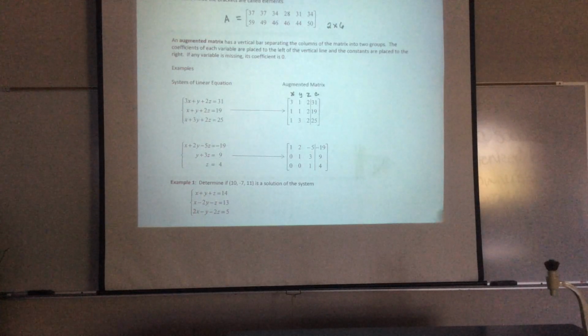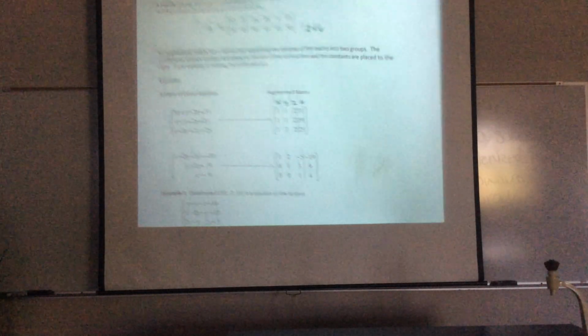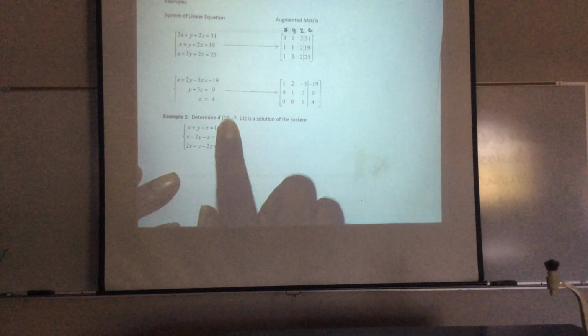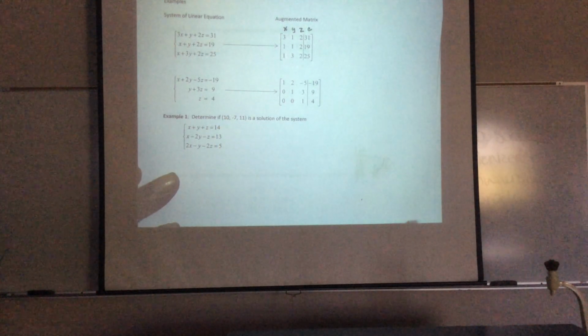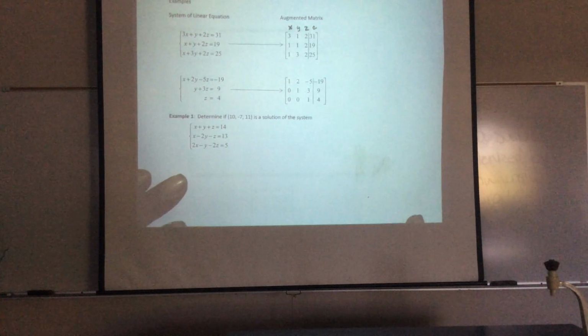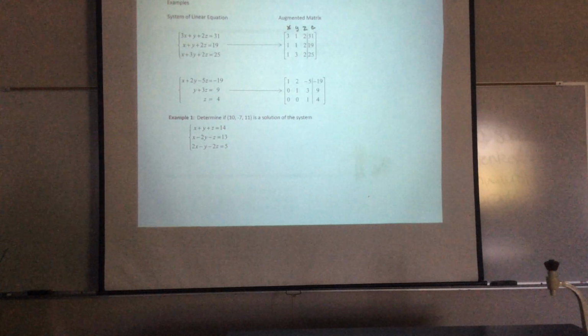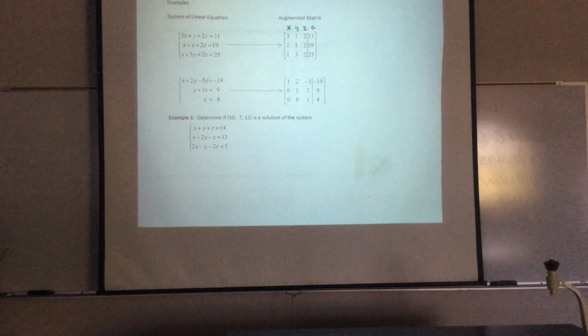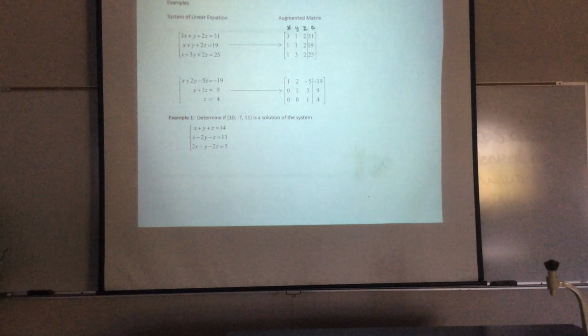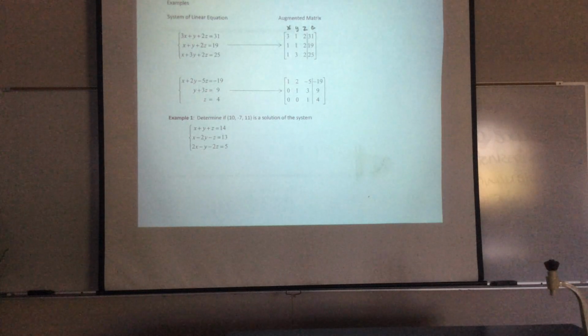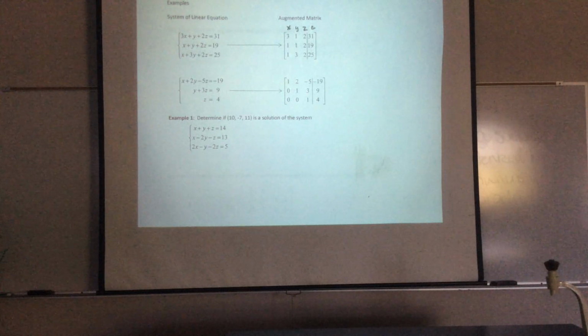Now to get you started, we're going to determine if this ordered triple, in this example 10, negative 7, and 11, is a solution to that system of linear equations. Here we have x plus y plus z equals 14, x minus 2y minus z equals 13, 2x minus y minus 2z is equal to 5.